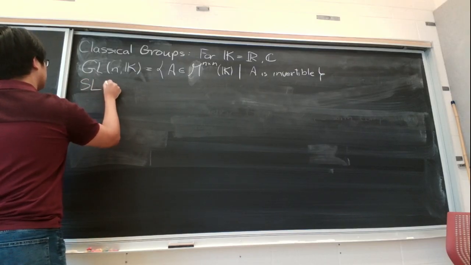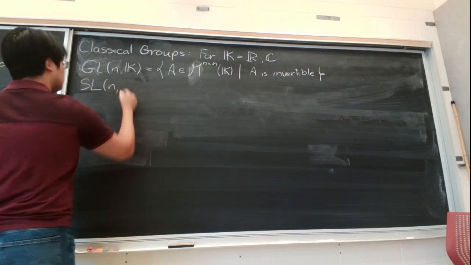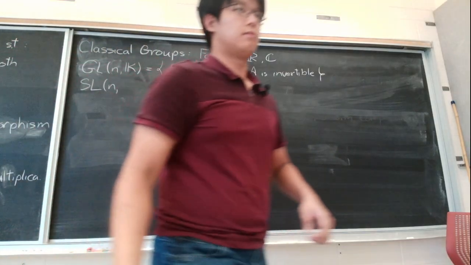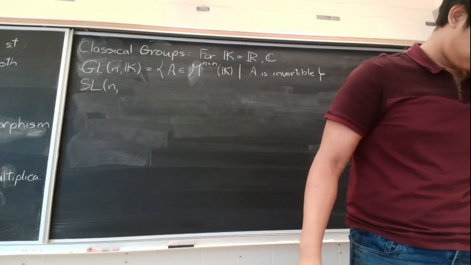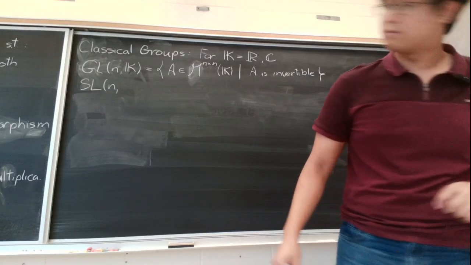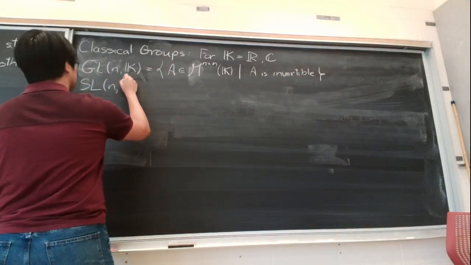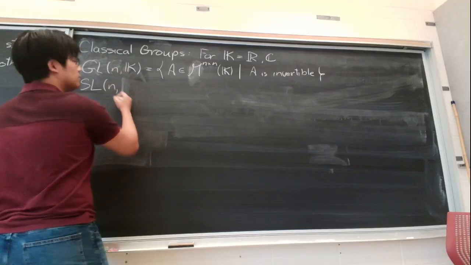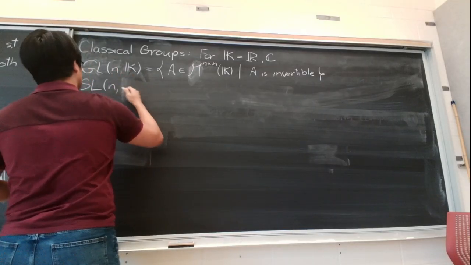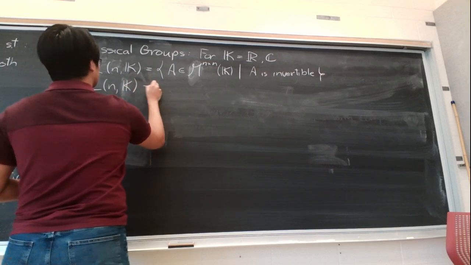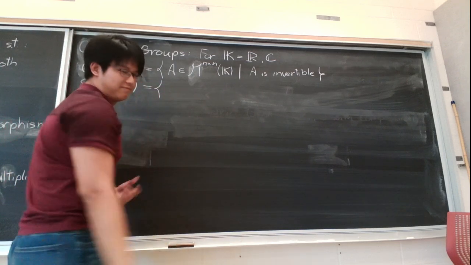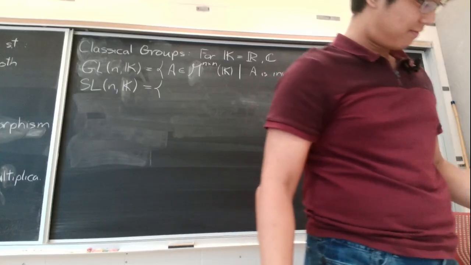Sometimes people write GL of V, where V is the vector space. It's the same idea: all invertible linear operators on the space. Whenever you write matrices, you choose some basis. n is the dimension, so the vector space here is k to the n, or R to the n, C to the n, whatever.